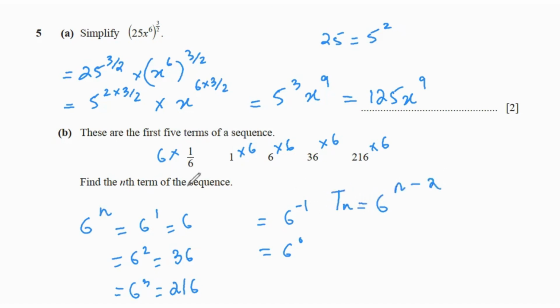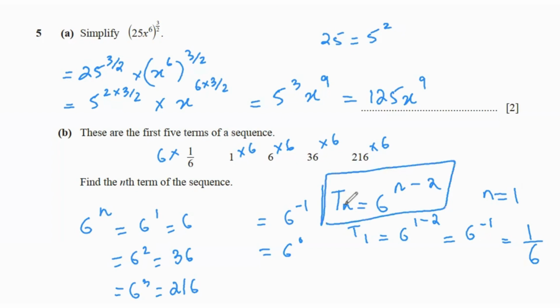Why n minus 2? Because when n equals 1, it's 6 to the power of 1 minus 2, which is 6 to the power of -1, and that gives us 1 over 6. If we use 6 to the power of n, you can see that our starting term is 6, not 1 over 6. Hence, this is your nth term.